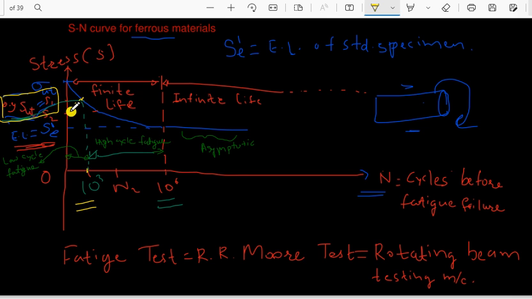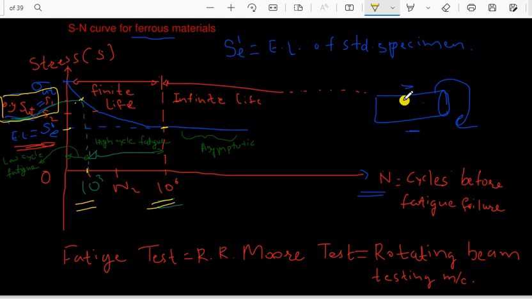If you go on decreasing the load or the stress, the curve will be like this, and at a particular value of stress you will find that the component is not failing at all, even up to 10 to the power 6 cycles, and this particular test is called the Moore test. It is actually a testing machine in which a rotating beam is tested for fatigue failure.